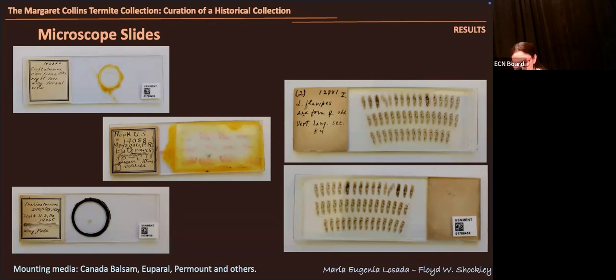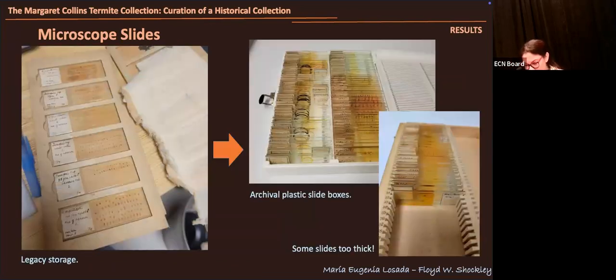Well, the question was if we were having an extra protection for the slides that were thicker. When I was trying to place slides in the plastic boxes that we use for storage, some of them didn't fit because they are thicker. So I was leaving them to the side, trying to find a plastic box that was able to hold them.